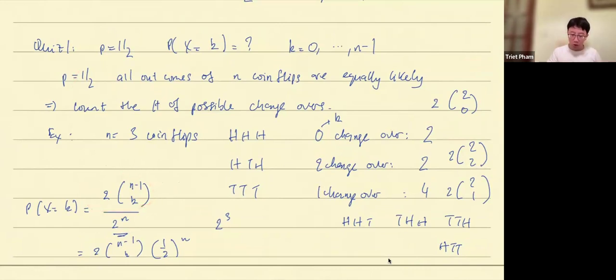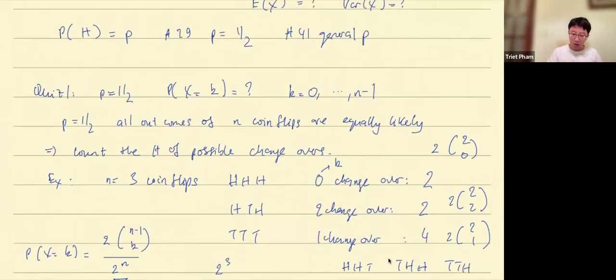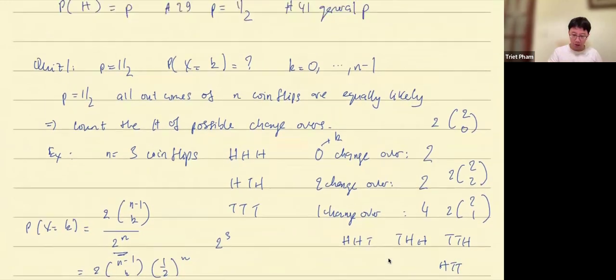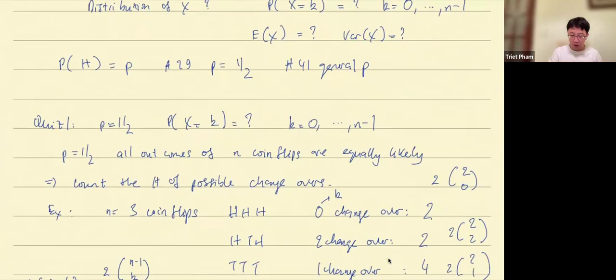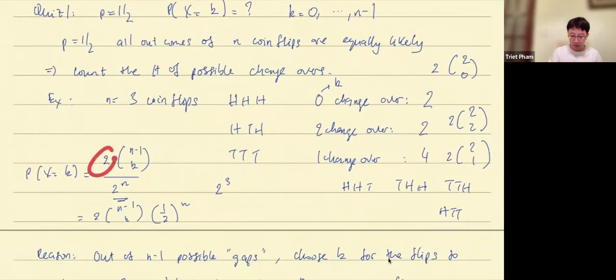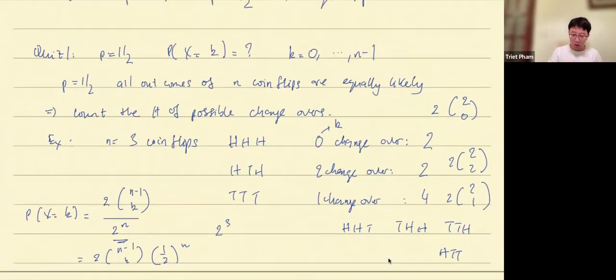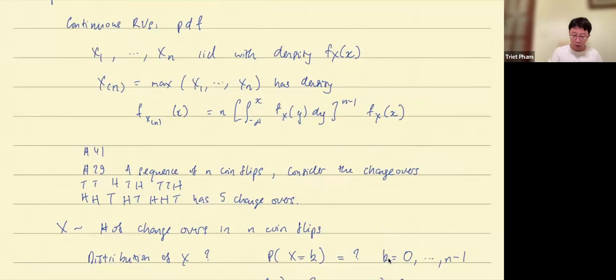What really changes is the likelihood. Actually, this 2 right here is still true. As I said, there are 2 ways for the changeovers to happen with exactly the same number of changeovers at exactly the same location.